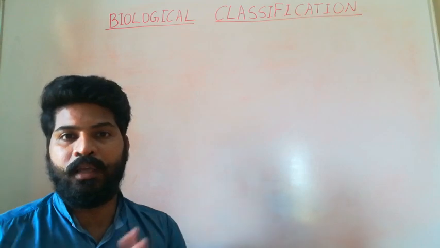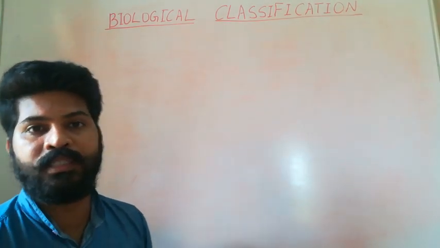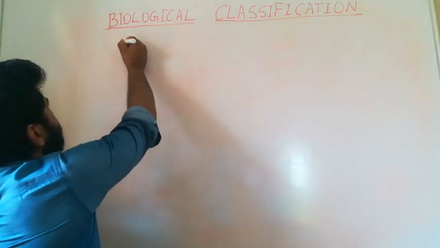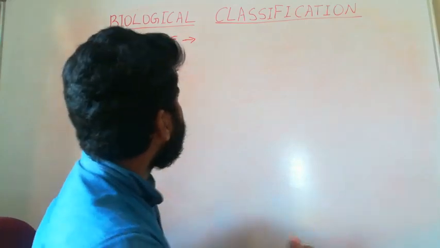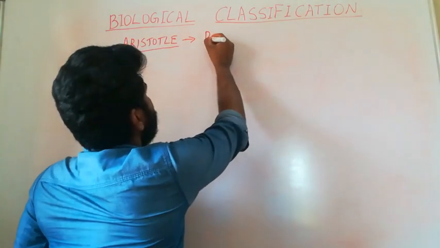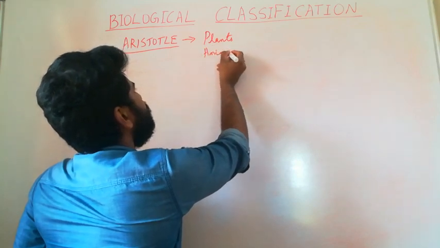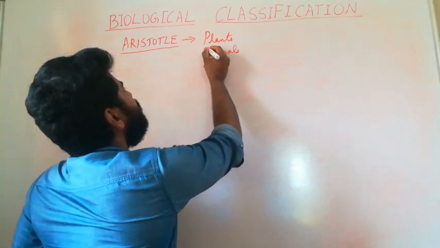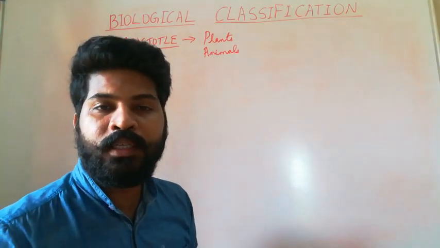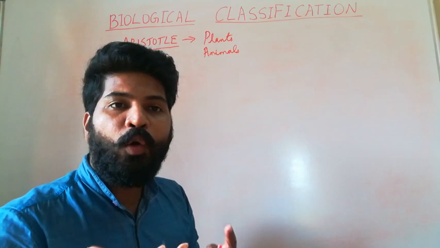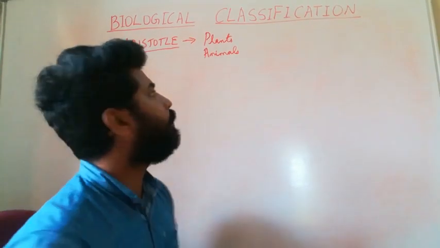over the years. The first attempt of classifying organisms was done by Aristotle. Aristotle classified all the organisms into plants and animals. Very simple classification. He did so based on their morphological features, meaning how they appear on the outside, morphology.